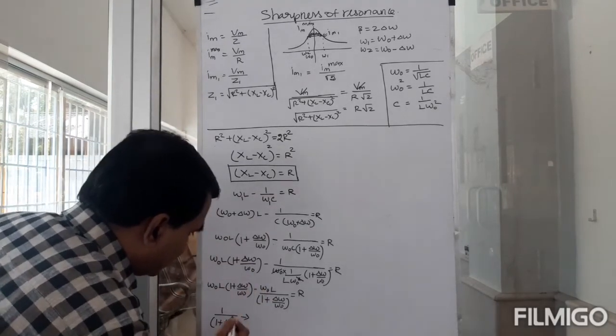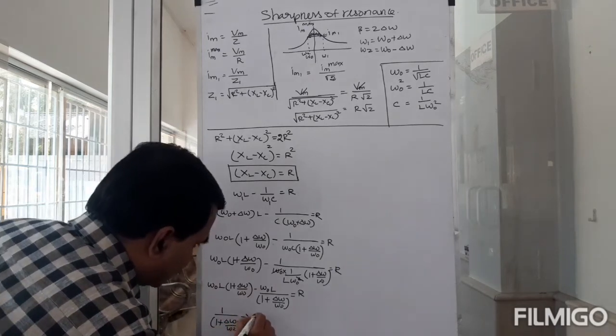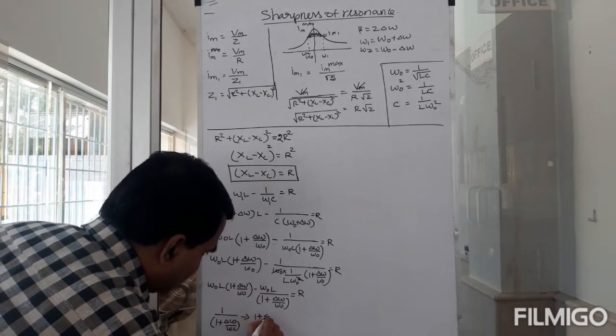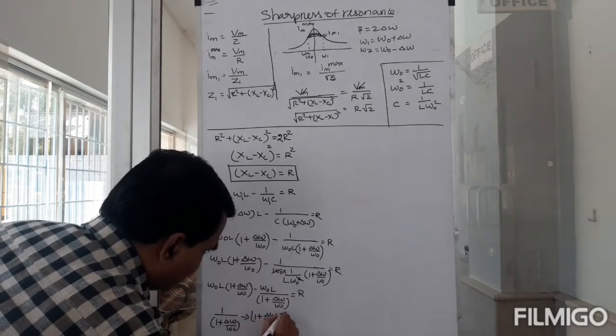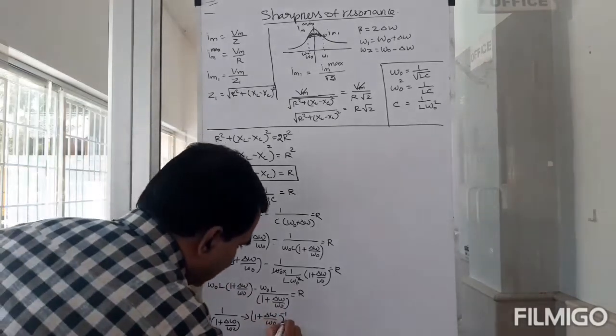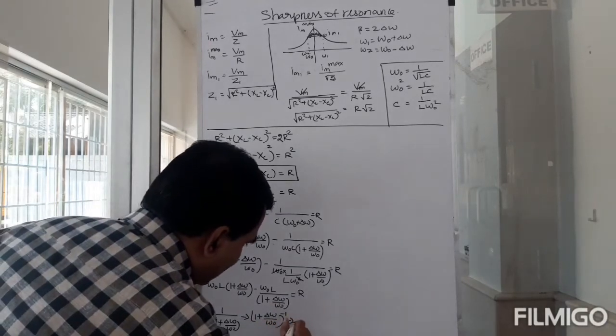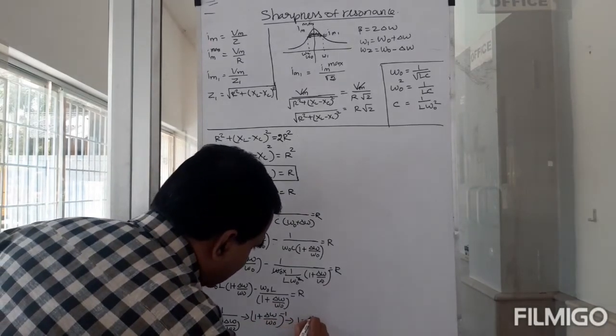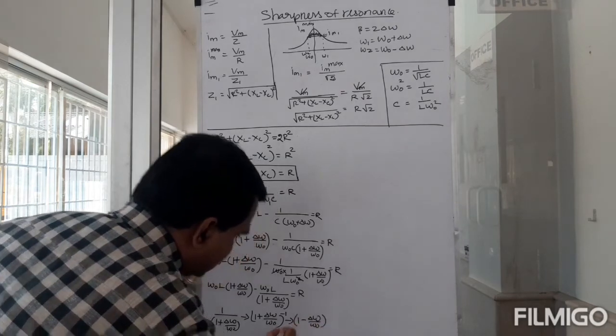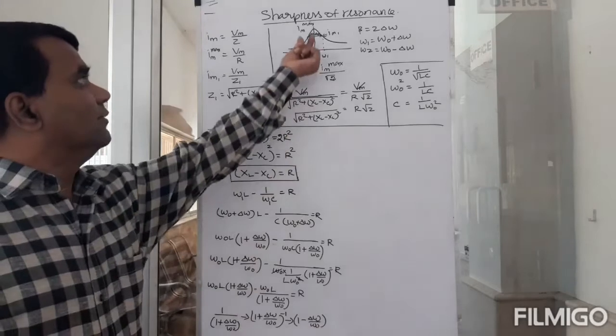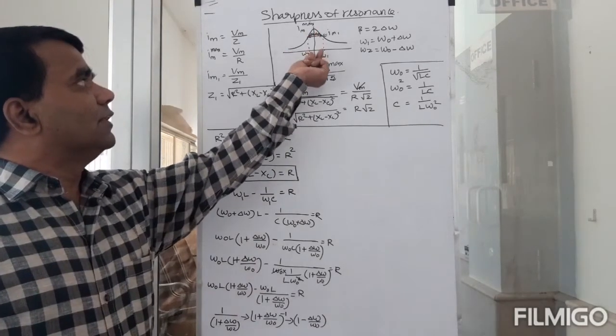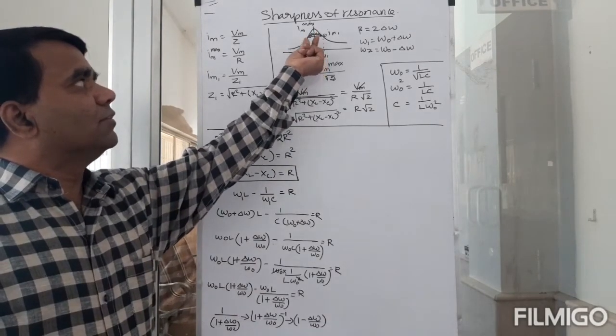if I bring it up, this can be written as 1 plus delta omega by omega naught whole power minus 1, and that can be written as 1 minus delta omega by omega naught, because this delta omega is a very small quantity compared to omega naught.